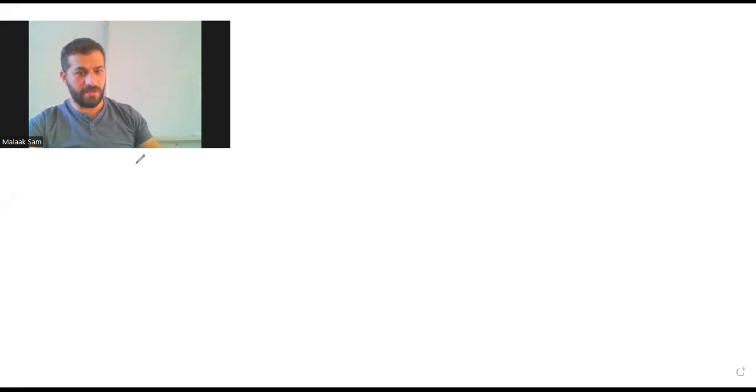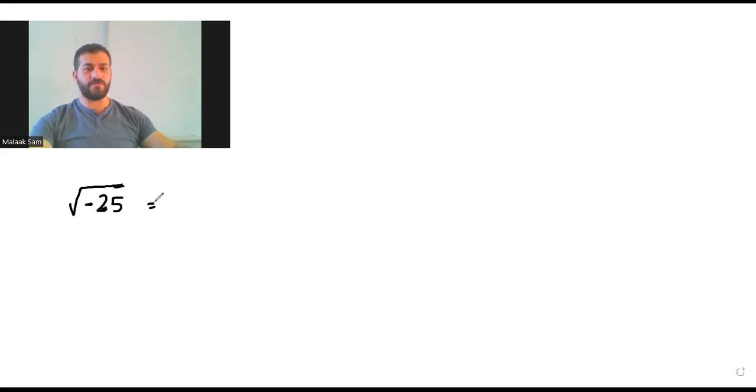So, if I have something like the square root of negative 25, what is the meaning of it? This means you must find two numbers that, when multiplied, give negative 25.